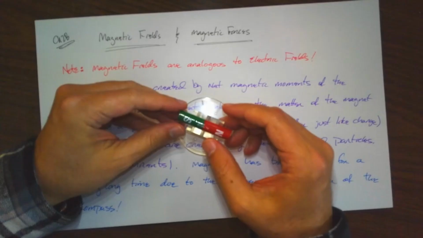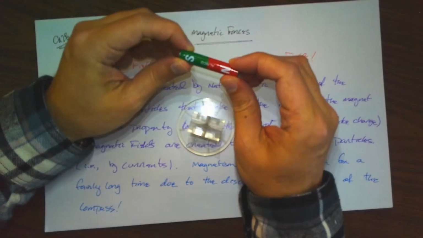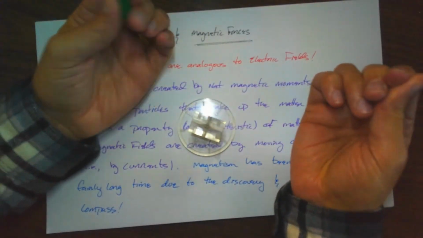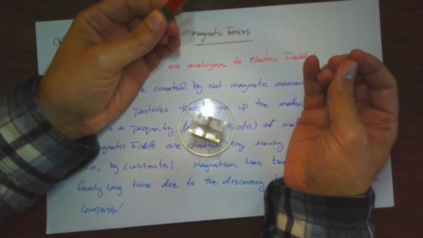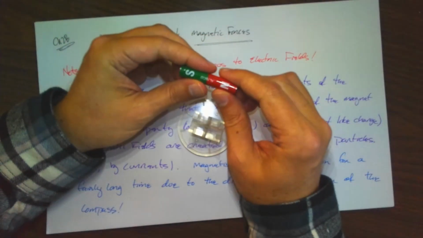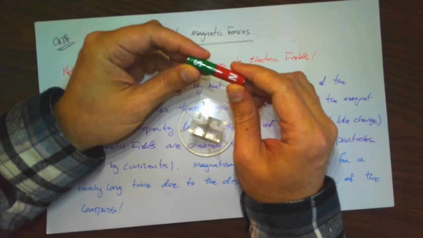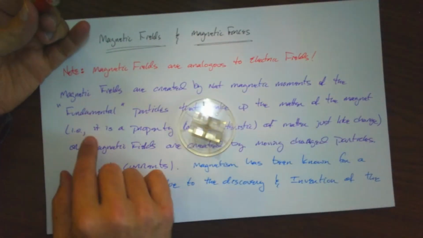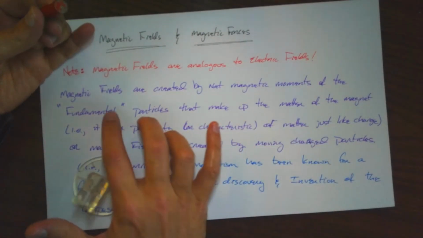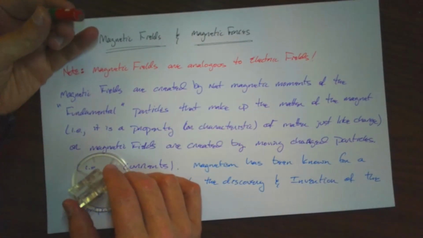Now one thing to take a look at is that if we take our magnet and we break it, you don't end up with a north pole and a south pole. You end up with two weaker magnets. In fact, the fundamental smallest unit of magnetism is actually the magnetic dipole, which is a property of the particles that are fundamental.